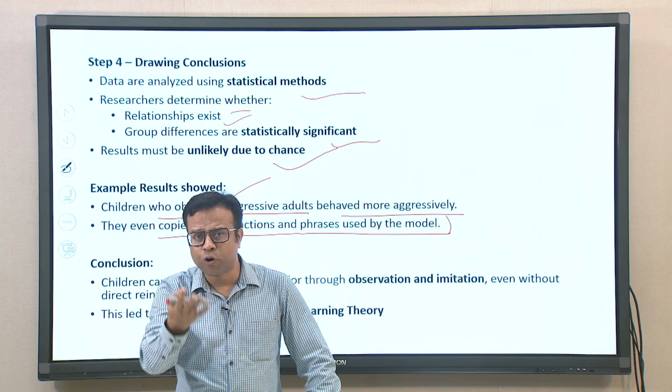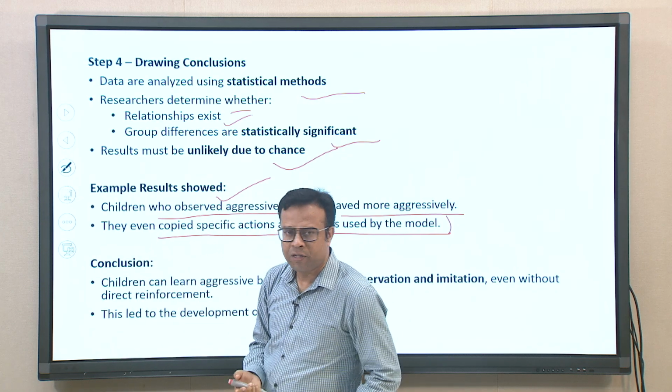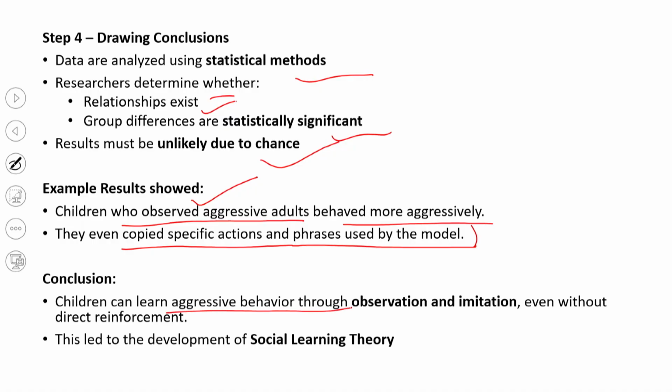The conclusion was that children can learn aggressive behavior through observation and imitation, even without direct reinforcement or reward. They were not rewarded for anything; just by observing someone, they behaved in certain ways. This became a foundation for social learning theory, observational learning and so on. So, this is just an example of how research is done, and how you analyze the data and draw conclusions.